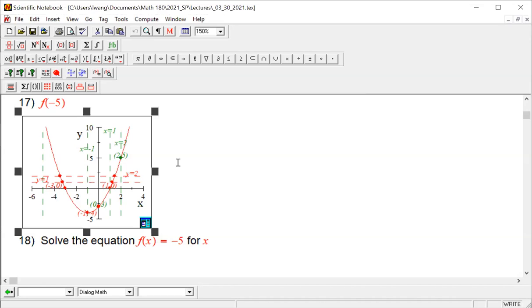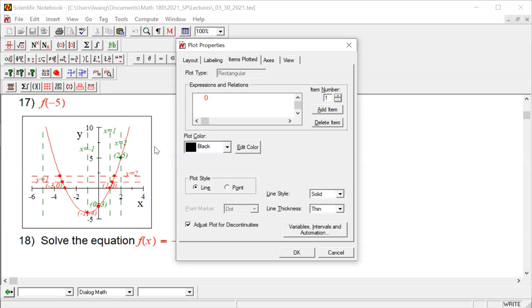Do you think it's going to touch the curve? Yes, it's going to. The only reason you don't see it is because my line was not drawn long enough. If I make an adjustment and we see more of the view, we will see it. So I'm going to make it a little bit longer.